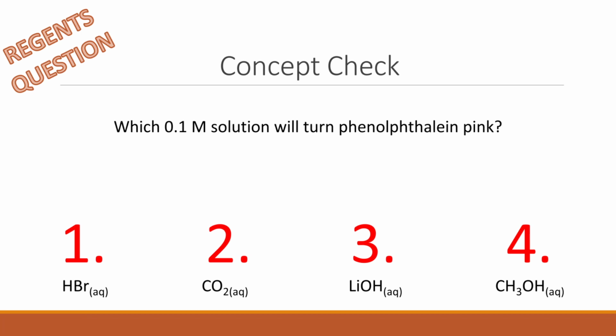So, when they ask us questions, which 0.1 solution will turn phenolphthalein pink? If we look at table M, which I now have to pull back up, right, we want to focus on phenolphthalein, and we want to focus on turning it pink.